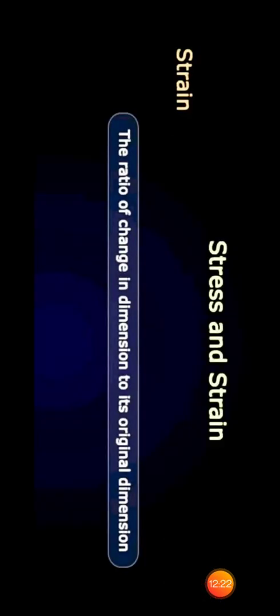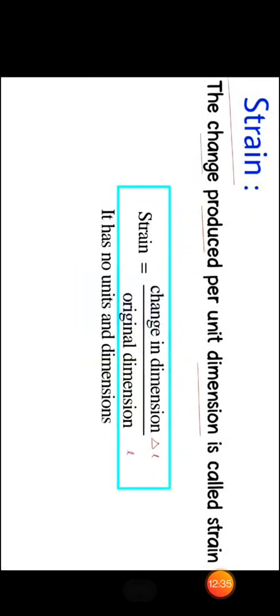Now the next point is strain. The ratio of change in dimension to its original dimension is called strain. The strain formula is equal to change in dimension, that is delta L, upon original dimension, that is capital L. It has no unit and dimension, so it is a unitless quantity.